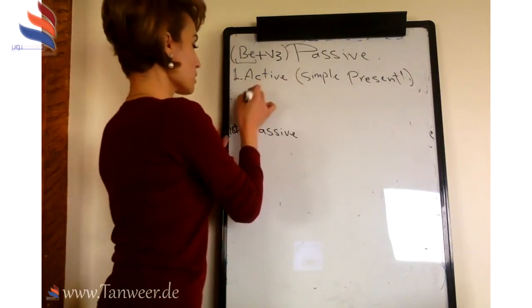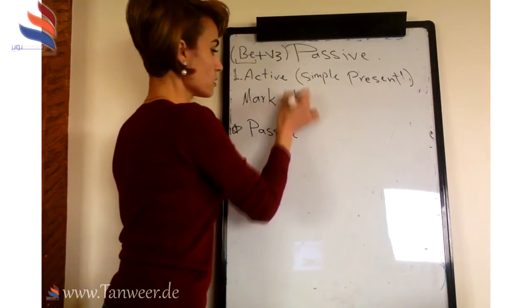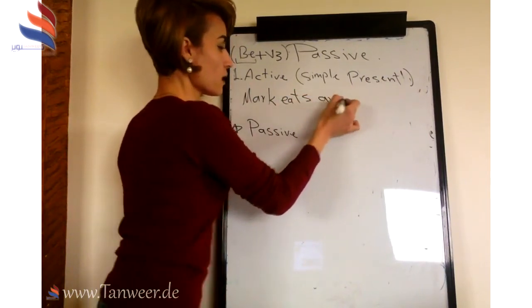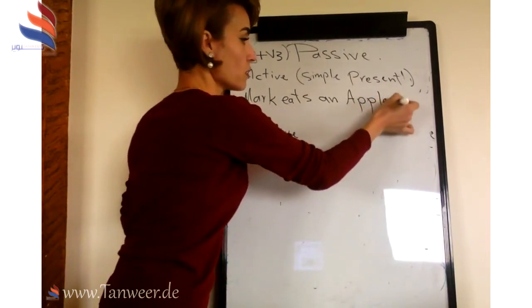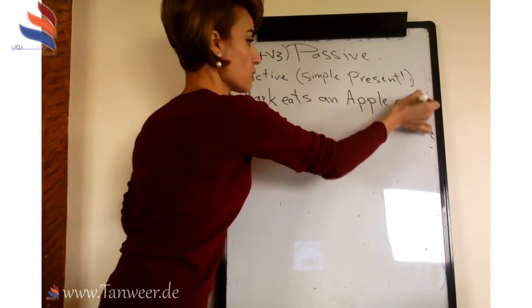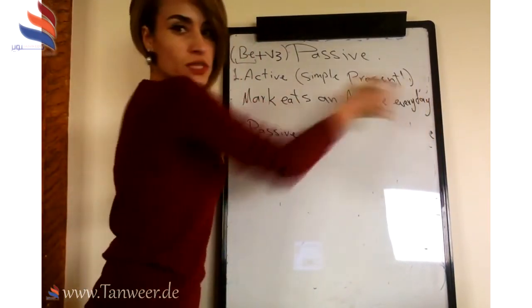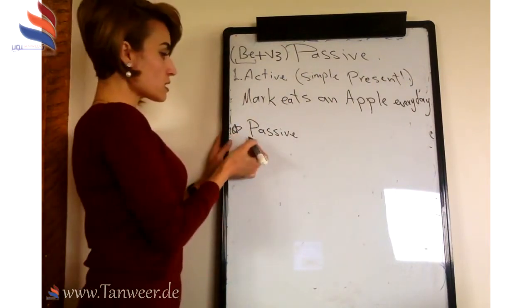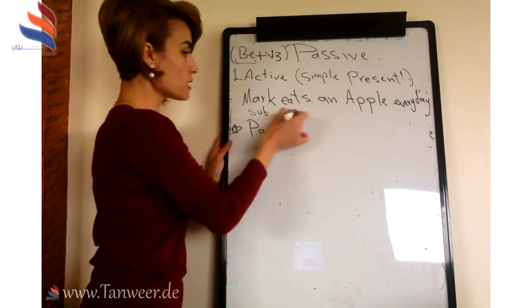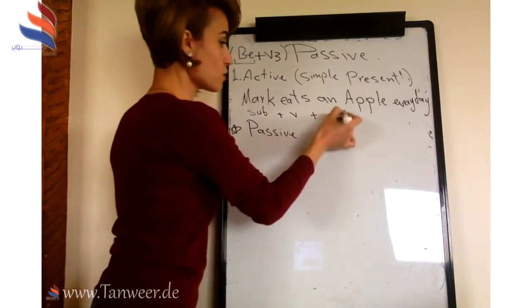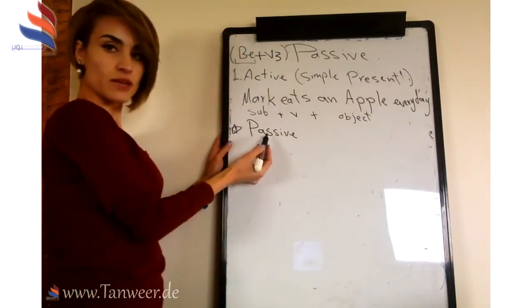So, let me start with Mark eats an apple every day. Okay, Mark eats an apple every day. This is the sentence. Second sentence, as we said, it starts with the subject plus verb plus object. Here we have to change it into the passive.